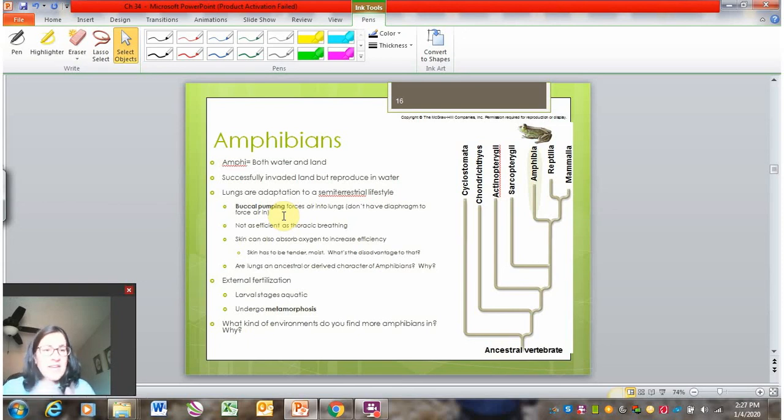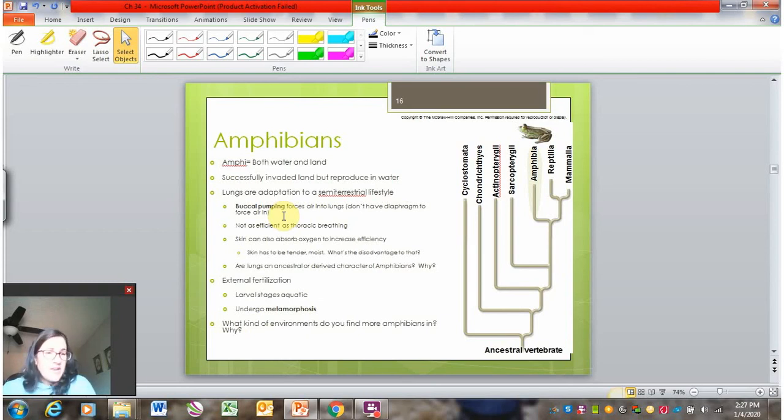But for them, they need that extra oxygen, and so they have to retain a moist skin. Amphibians have a tender skin that generally requires moisture. So you're going to see amphibians generally hanging out in places like next to a pond or in moist soil, somewhere where that skin can stay moist. There are some exceptions to that, but again, that's the general rule.